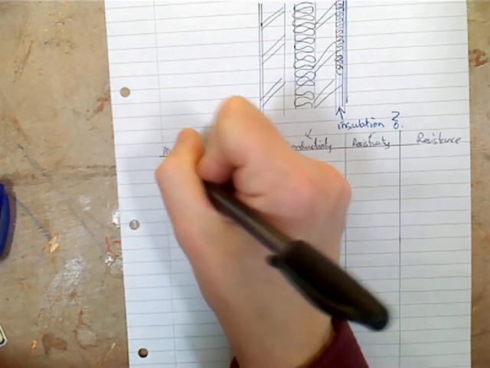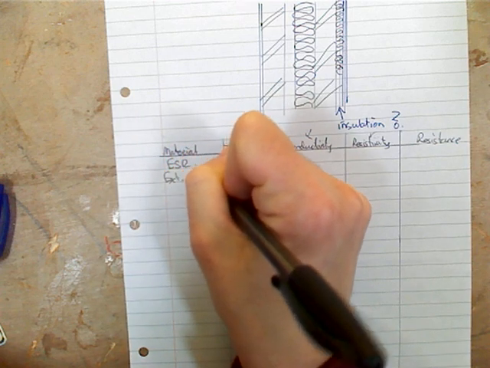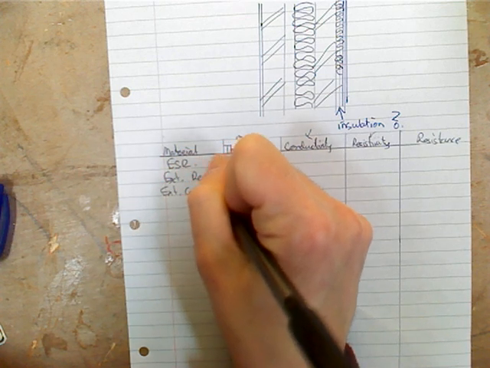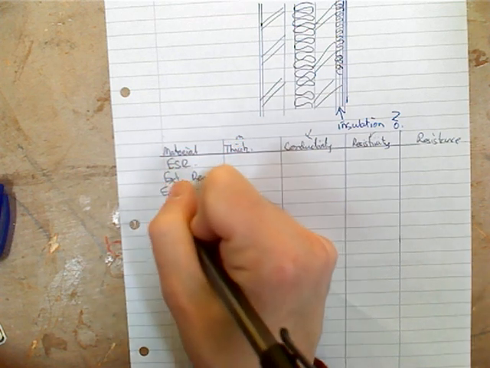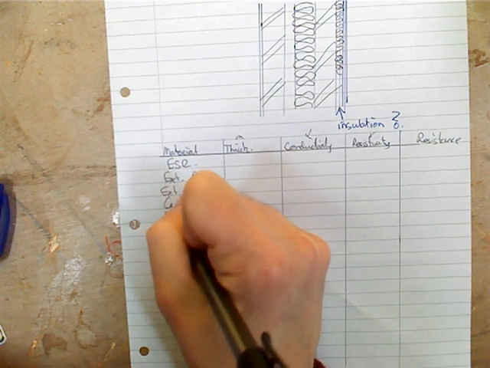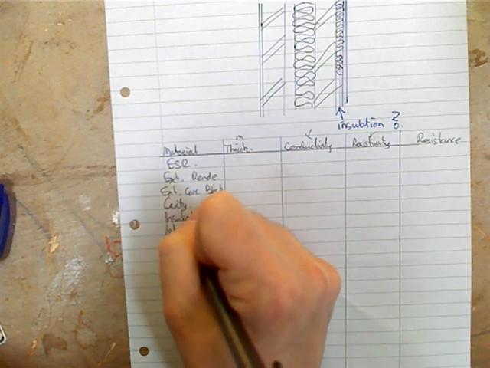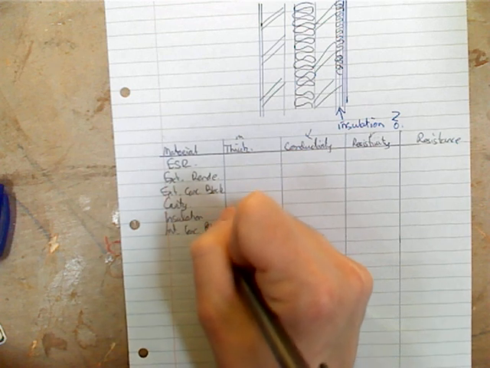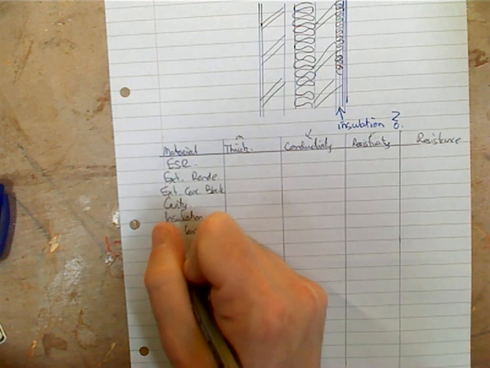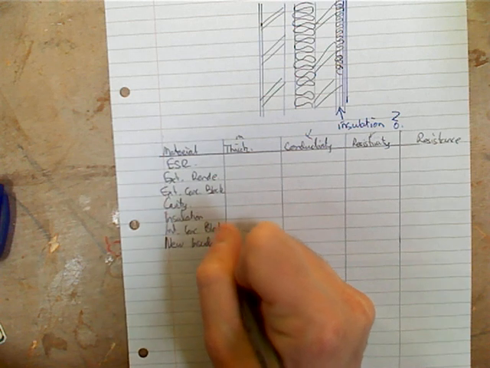So our materials are ESR, external render, we have external concrete block, we have a cavity, we have insulation that's already inside the wall, we have our internal concrete block, then we're going to have new insulation, okay?